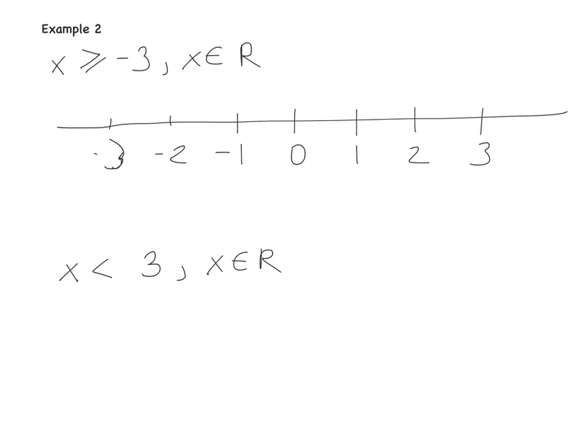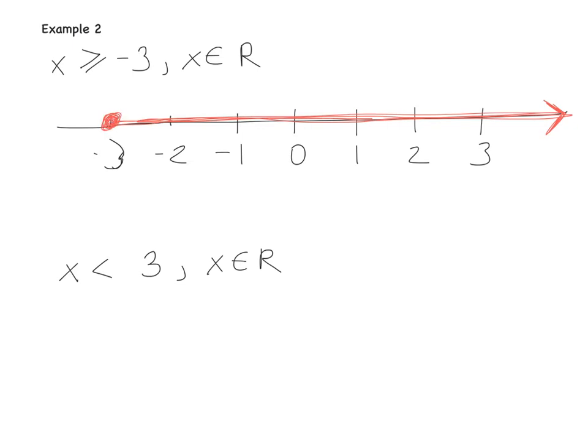X is a real number, so it might be -2.5, it might be -1.5. So all these numbers are greater than -3. So we need to draw a solid line showing that all these numbers are greater than -3. The arrow, because they go and go and go, and then it's also equal -3, and that means we need to mark -3.